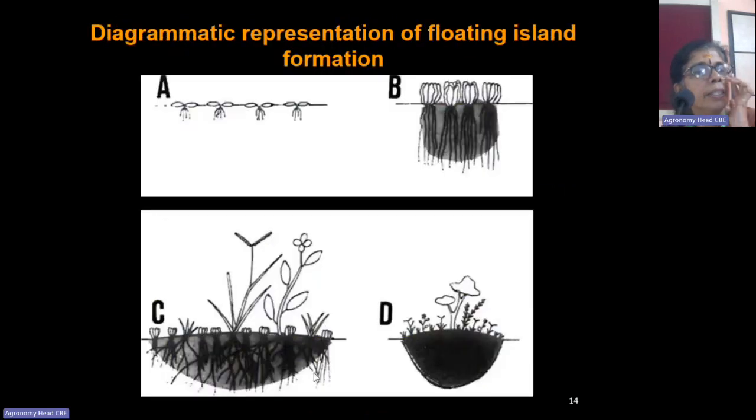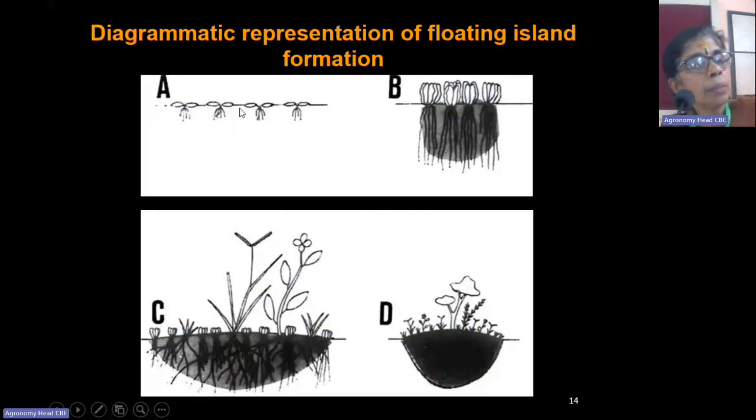That is the thing. Then this is the diagrammatic representation of floating island formation in Salvinia. If Salvinia growth is not controlled in an aquatic water body, take the case of a farm pond where Salvinia infestation is there, and if a farmer is not taking care of the growth for years, then what will happen? This is the first stage of infestation.